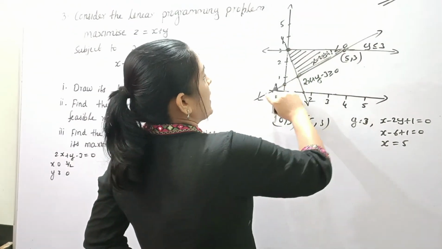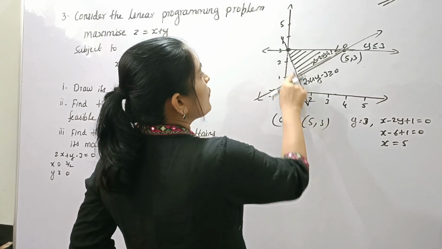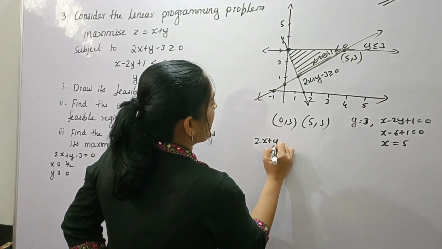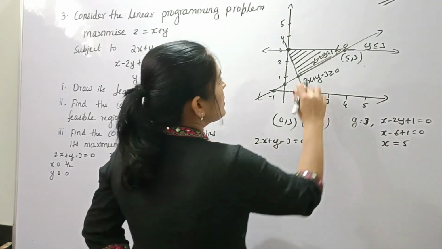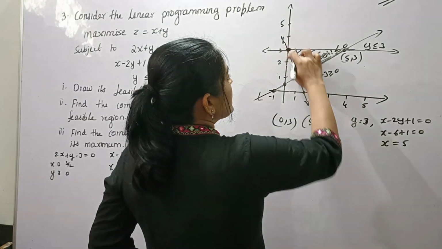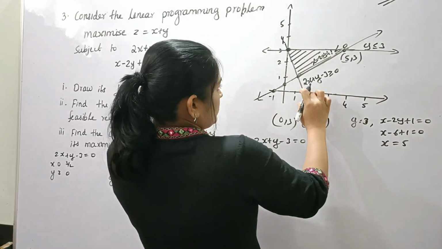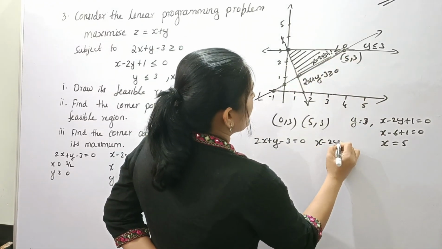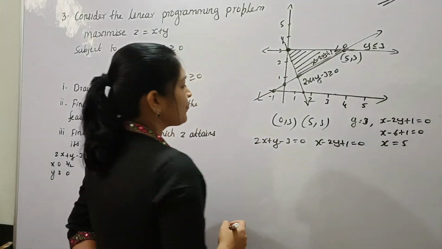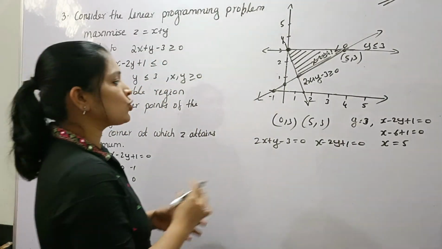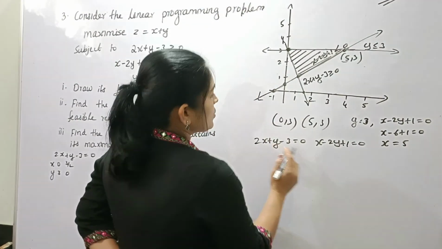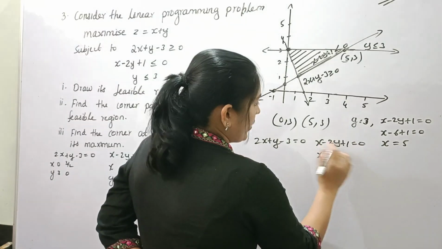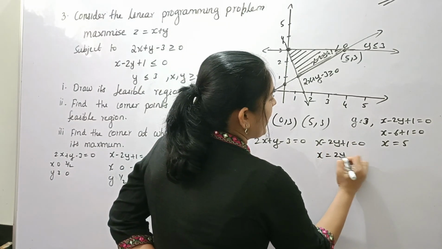Then this point. It is the intersection of these two lines, that is 2x plus y minus 3 is equal to 0 and x minus 2y plus 1 is equal to 0. Now let's solve these two equations to get x and y values. Here x is equal to 2y minus 1.